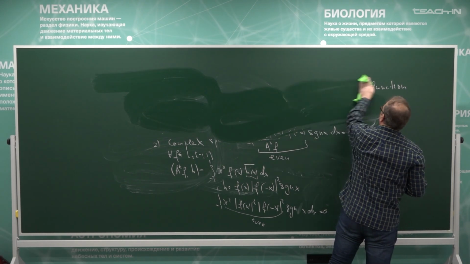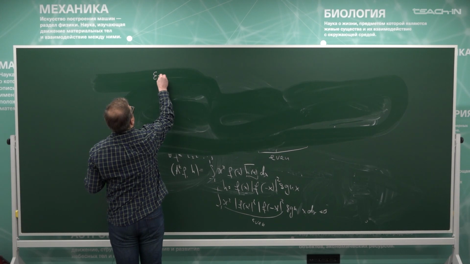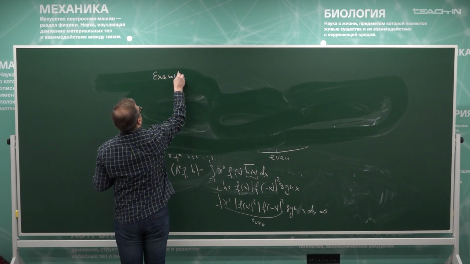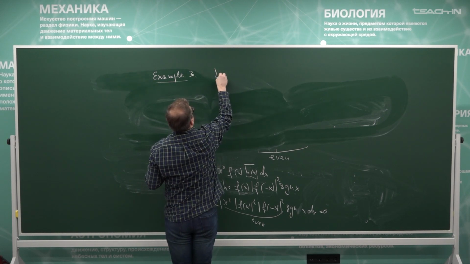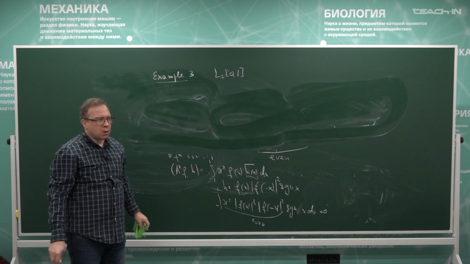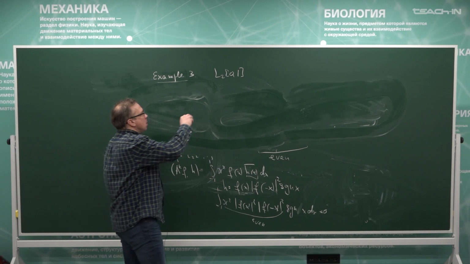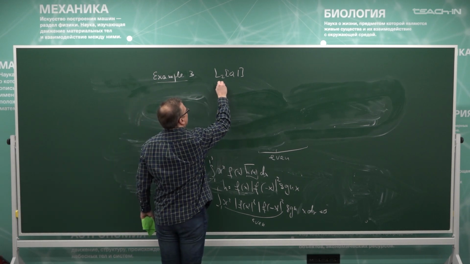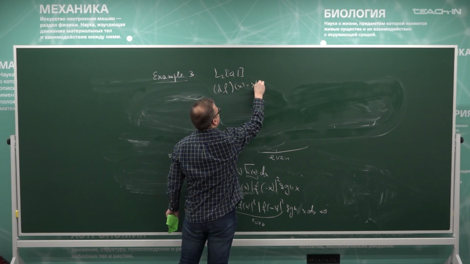But for example, if you consider this vector, example 3, L2 on 0, 1. So the same operator, multiplication on x square.